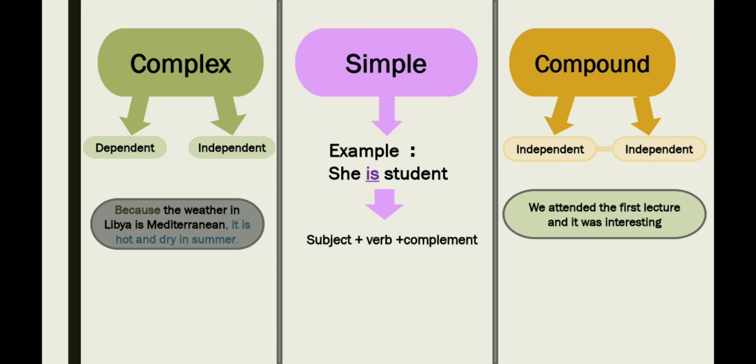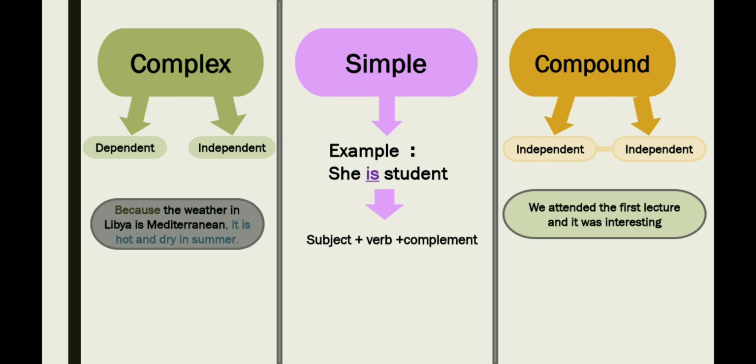The first, because the weather in Libya is Mediterranean, a clause or dependent clause or subordinating clause, which starts with the subordinating conjunctions: because, in spite of, if, as if, since, we have many of those. The second one, it is hot and dry in summer, a clause or independent clause or main clause.